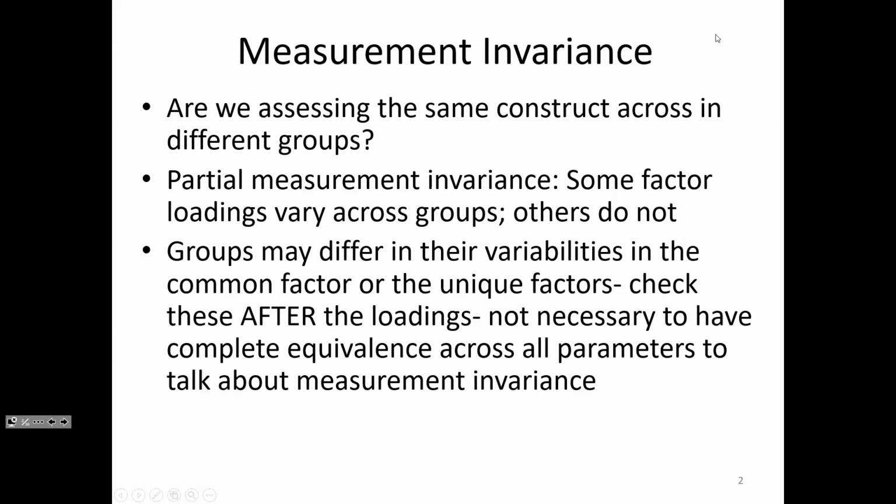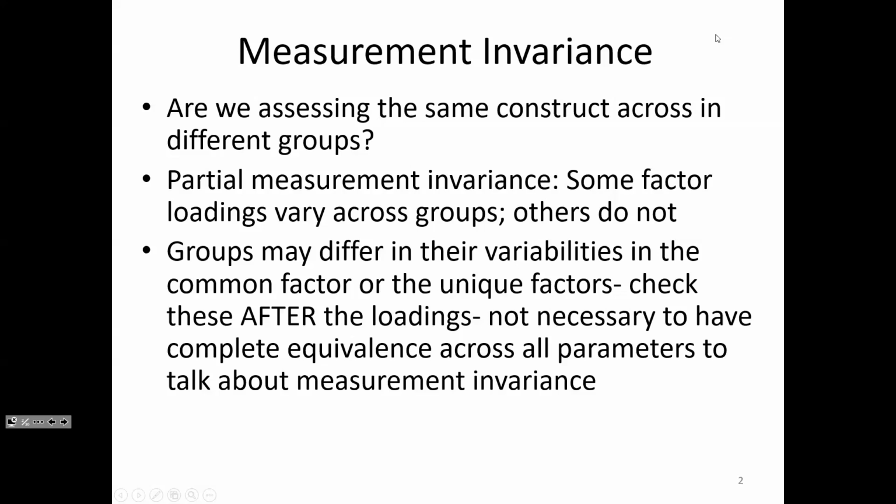Yeah, that's right. So if you found that you had a completely non-invariant model, then it doesn't make sense to compare the two groups because the measures are not functioning, like your measurement model doesn't function the same way. So how can it make sense to compare the two groups when the measurement model isn't even functioning in the same way across the two groups?